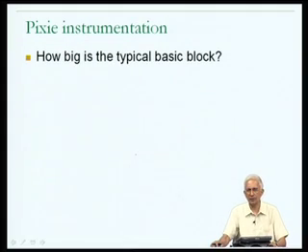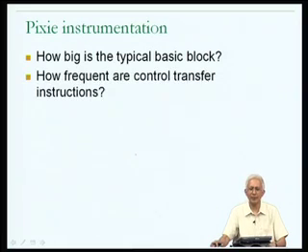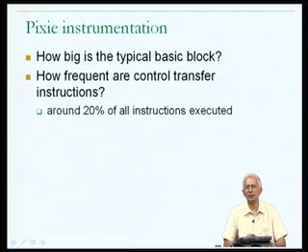So what is the size of a typical basic block? This will of course vary from program to program, but we could get some rough idea about how big each basic block is if we had some idea about how frequently control transfer instructions are executed. For example, if we knew that, let's say, 20% of all the instructions executed by typical programs are control transfer instructions, and this kind of information might be available in different sources.